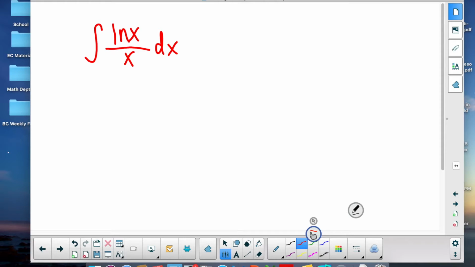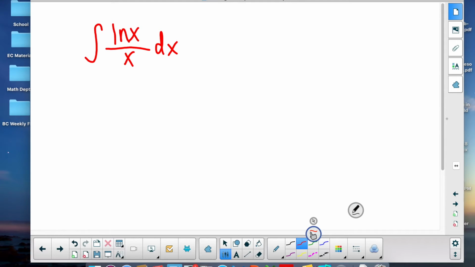We'll do it simple. If you ever come across an integral that has a natural log of x in it, or the natural log of something in it, we cannot integrate the natural log of x on its own.